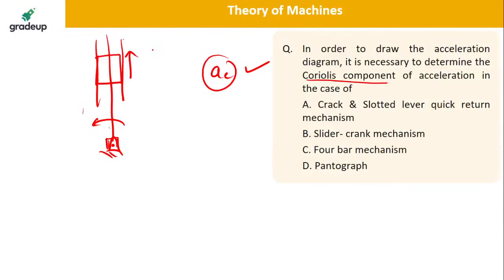So tell me in which of the 4 you are observing sliding as well as rotational motion. It is option A, crank and slotted lever quick return motion mechanism.